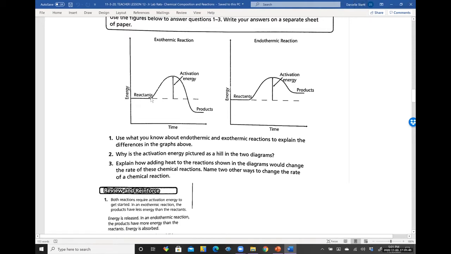Your activation energy is added right about here, and it starts to increase until it gets to this tipping point. Same thing here. And what you will notice is that in the exothermic reaction, your reactants have higher energy than your products. And in your endothermic reaction, your reactants have lower energy than your products.